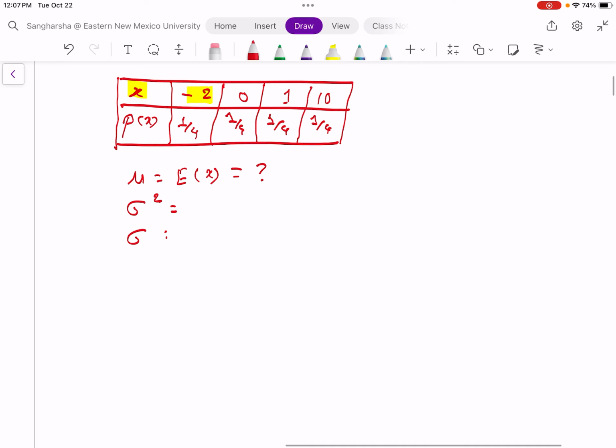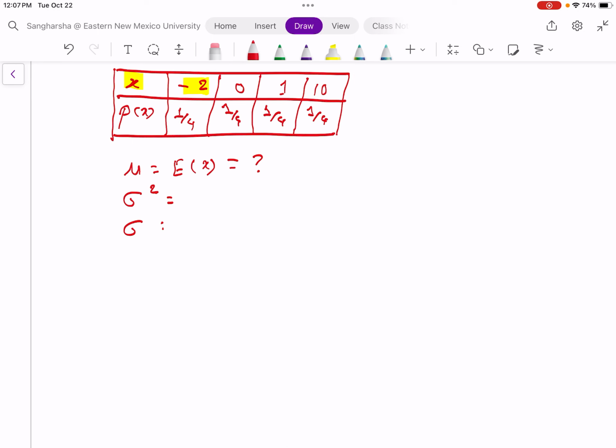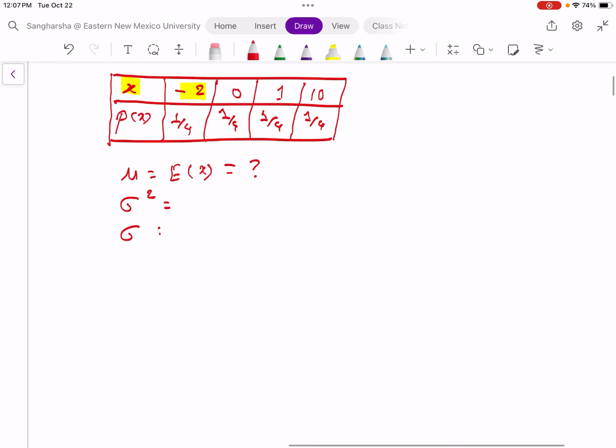In chapter 5, we talk about continuous probability distribution. And what did we use to represent continuous probability distribution? So for the discrete probability distribution, we have a table. We can use a histogram, or we can use a formula. But for continuous probability distribution, what did we use in chapter 5?